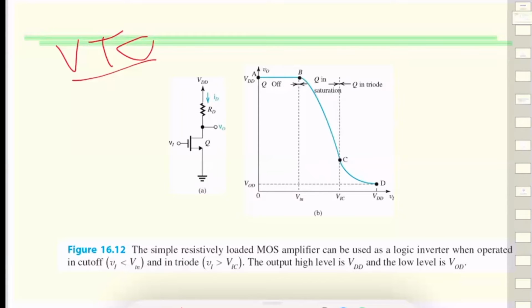For example, this is a circuit which implements the inverter operation, and we are using a pull down network and an NMOS.